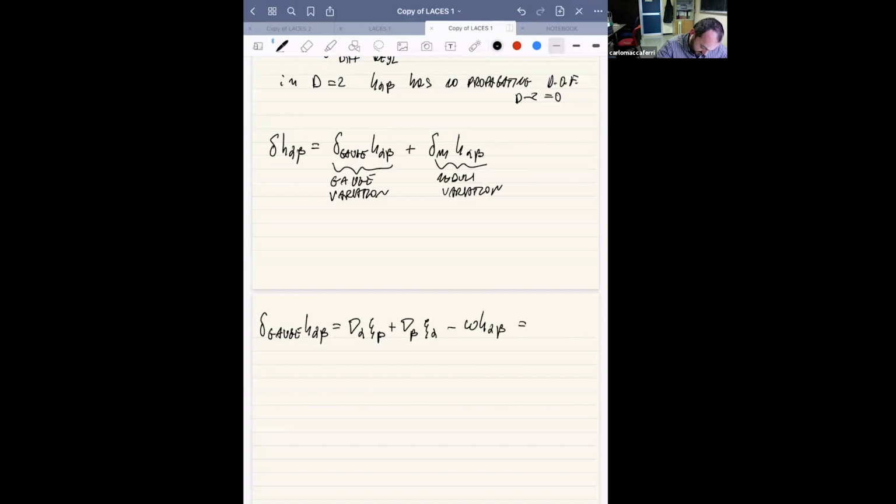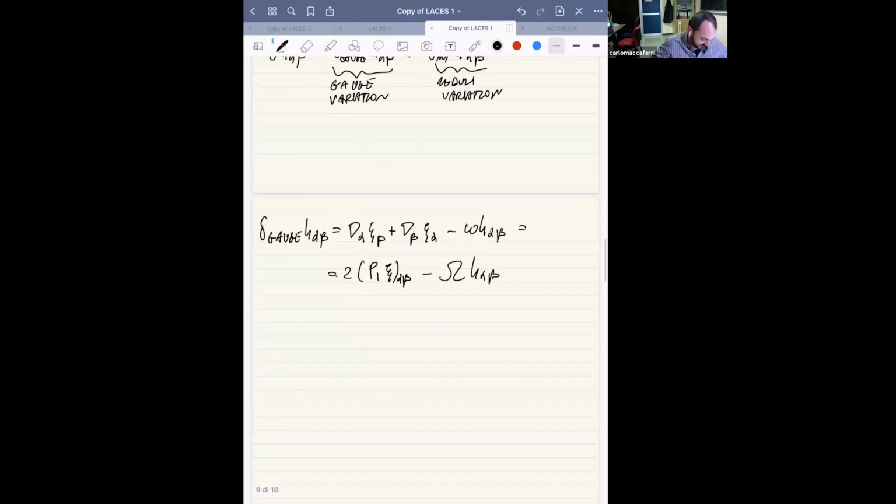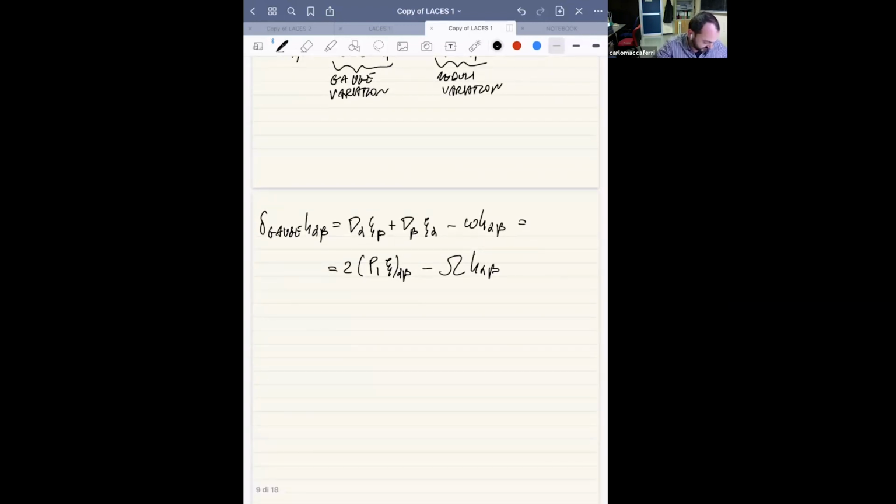And as I was telling you, it is customary to assemble these two variations in two structures. One is going to be called P1 psi alpha beta minus big omega h alpha beta. So these are just names, and now I'll give you the definition of these objects.